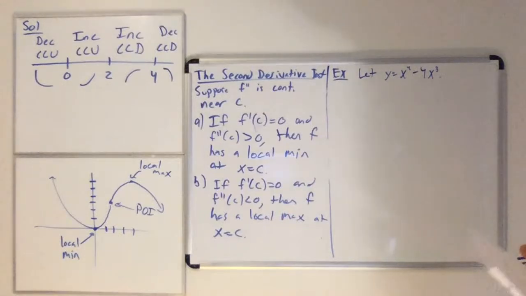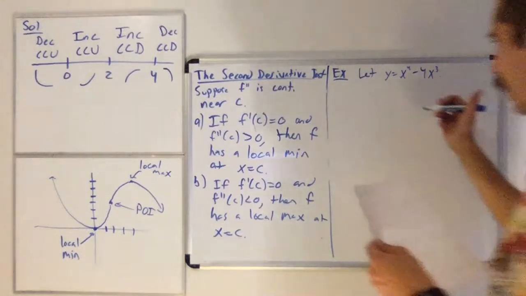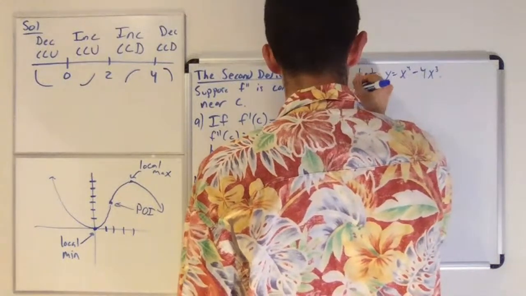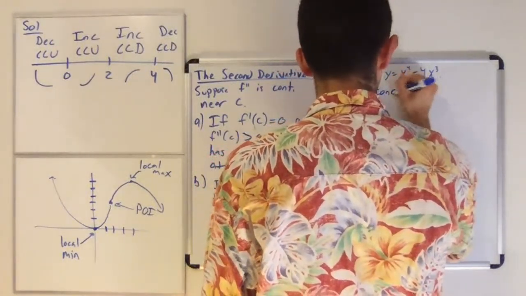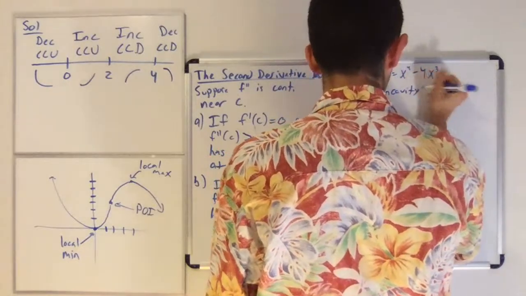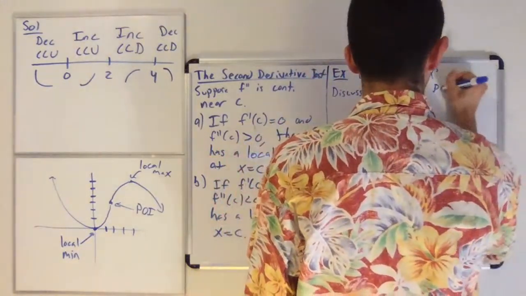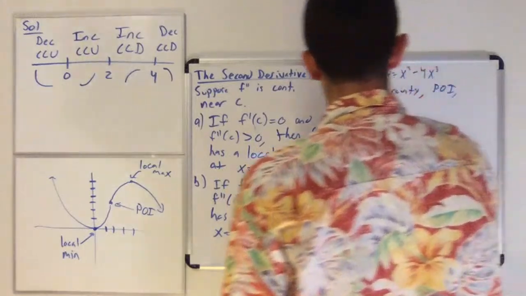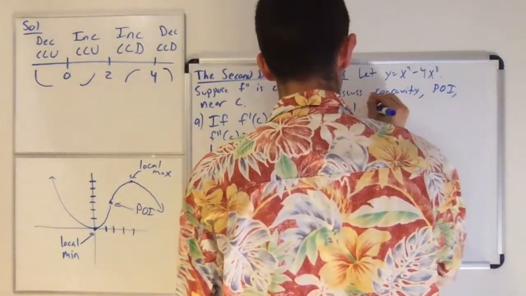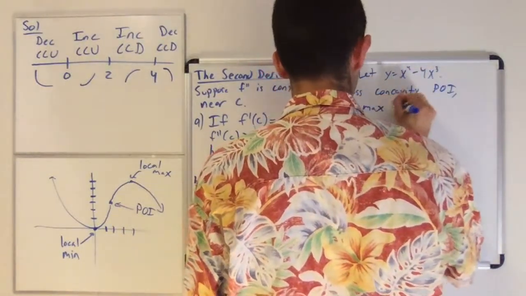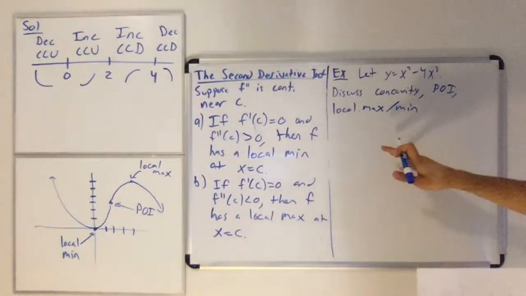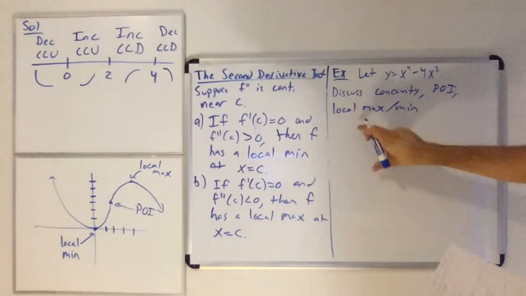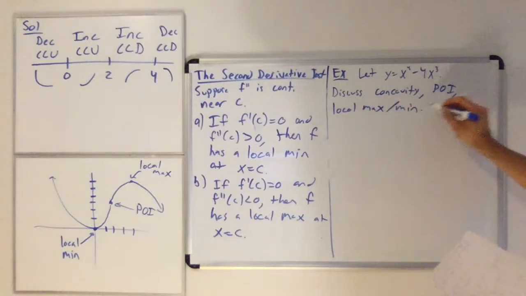We want to discuss concavity, points of inflection, local maximum, local min, and then sketch.